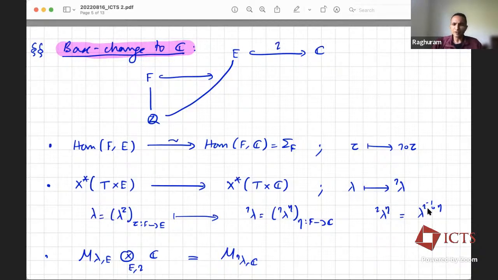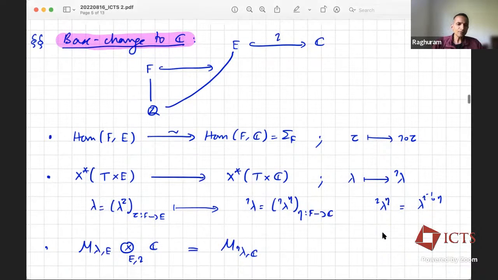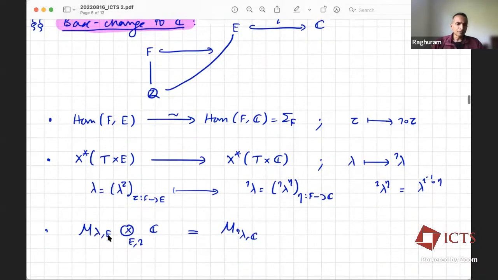Something very natural, you don't have to worry about it. I can also base change my representation M lambda E via iota to the complex numbers, and this is the algebraic finite dimensional irreducible representation of the group G cross C with highest weight iota lambda.